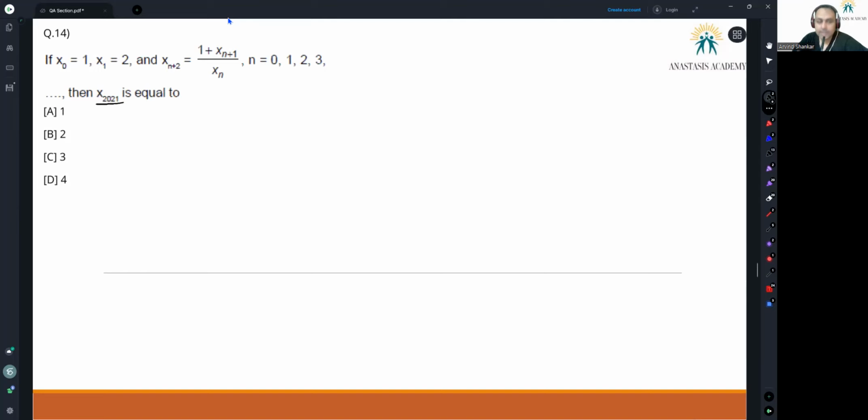Now, the error that I made when I was solving this question for the first time, that I am hopeful you did not make, was I started off my values with x1, whereas the question clearly states x0 is equal to 1. The actual question says x1 is equal to 2.